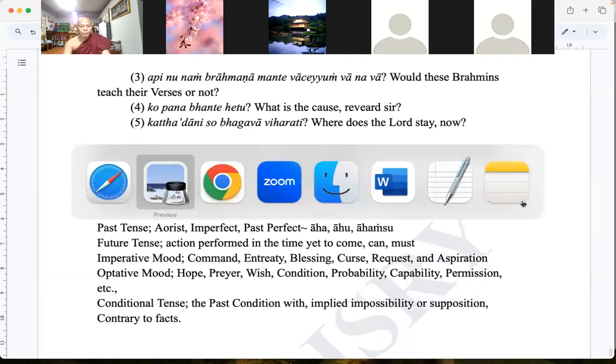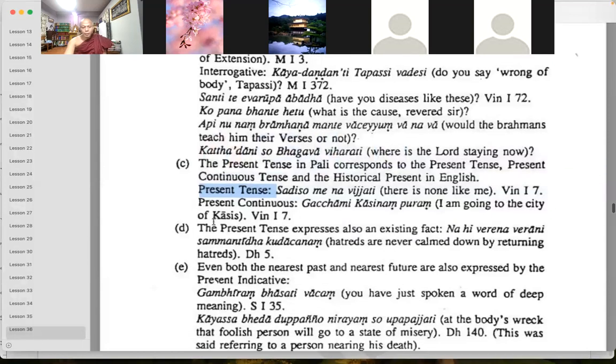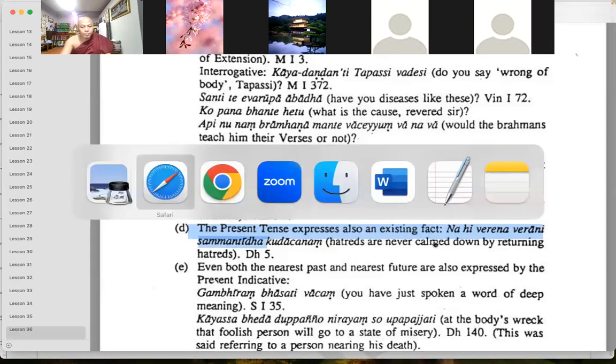And then next, the present tense also expresses an existing fact. "Na hi verena verāni sammantīdha kudācanaṃ". So "sammantīdha kudācanaṃ", that is to express the existing fact.